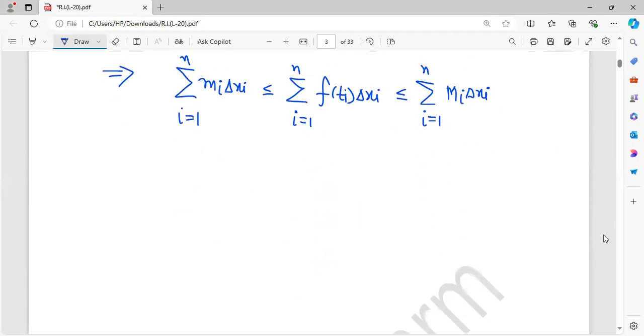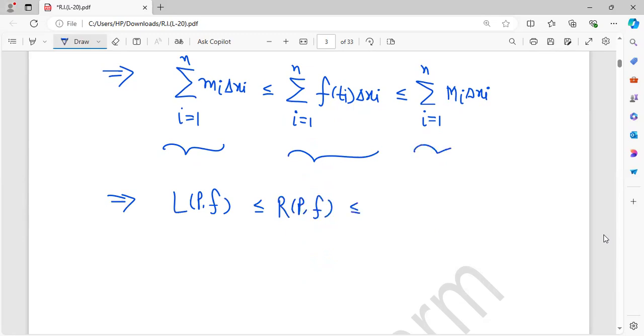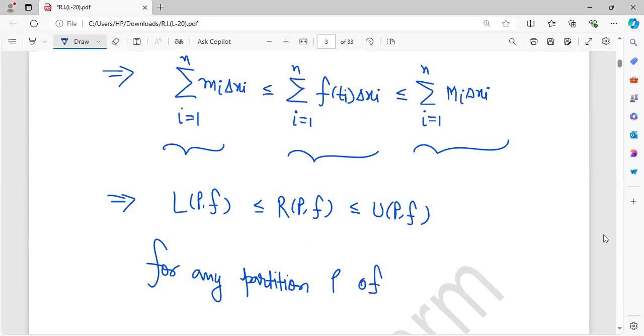Now what is this? This is L(P, f). This is R(P, f). And this is U(P, f). So this is true for any partition P of the closed interval [a, b].